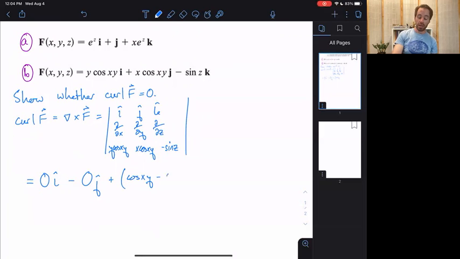And this will be minus x times sine of xy. And if we're differentiating with respect to x, then the y comes out because of the chain rule. So this really is xy sine xy, right? Okay, so that is the first differentiation here.